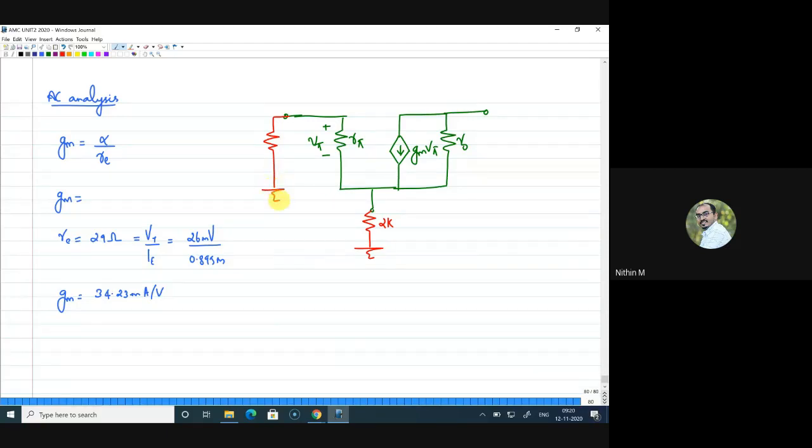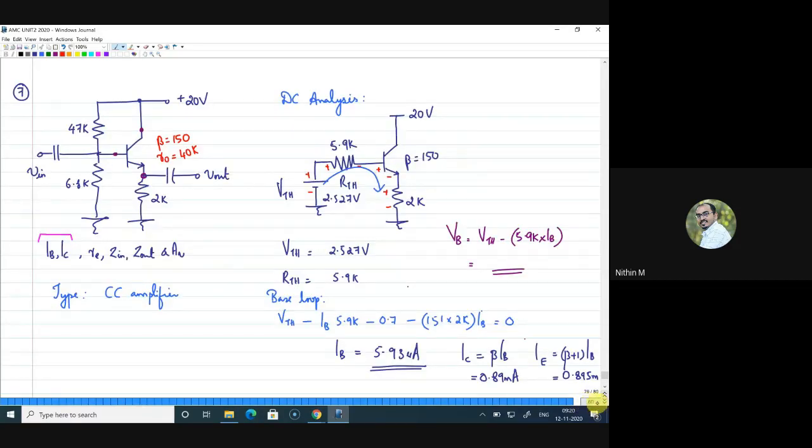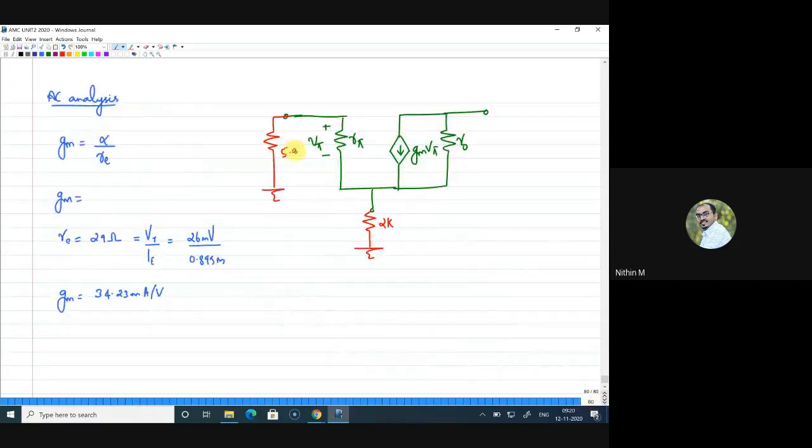RTH is 5.9K. At the collector side, the collector is connected to a DC voltage, so this will become ground. This is the input point V in, and this is the output point V out. So this is the equivalent circuit now.